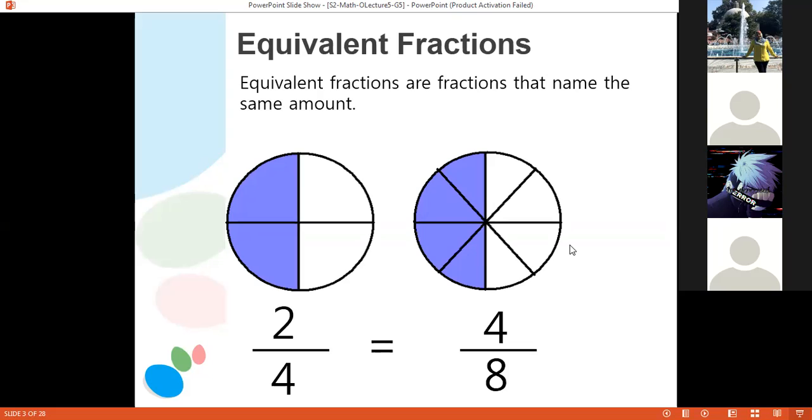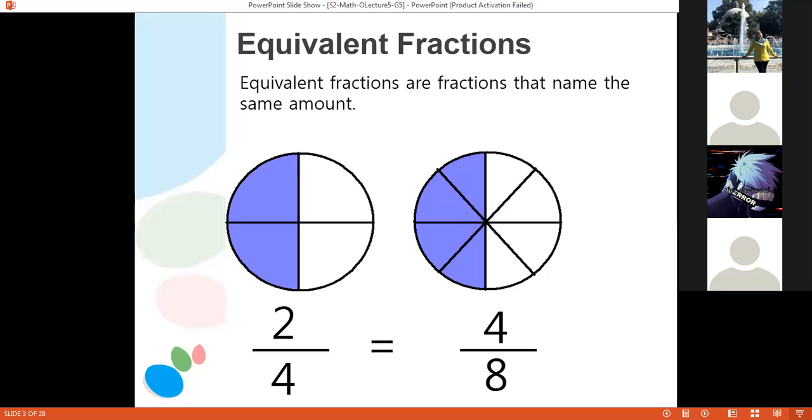Let us look at this figure to understand more. If you look at the first circle, it's divided into 4 equal parts, right? We colored 2 parts out of 4. So we colored only 2 parts out of 4. In the second circle, we divided the circle into 8 equal parts. And we colored 4 parts out of 8.